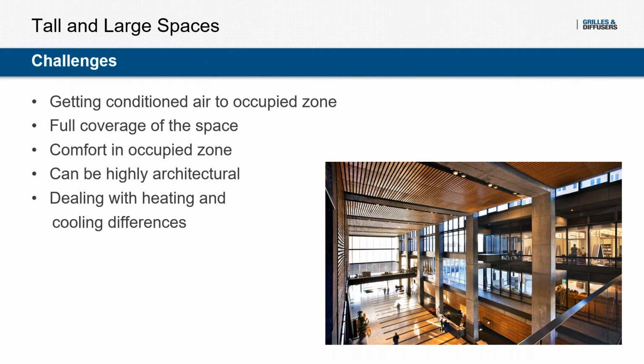In a lot of cases, displacement is used to condition these large spaces, but you can also use mixing to successfully condition these spaces. So throughout the next examples, I'll be going through different mixing systems, and once I pass it on over, it will be Mike with a displacement system.